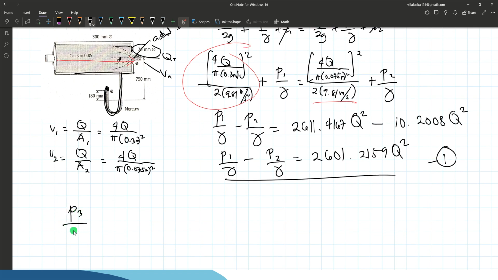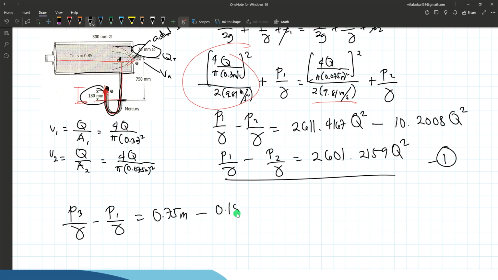So from point 3 over gamma minus point 1 over gamma, the pressure at point 1 is equal to, from point 1 going to this interface, we have a height of 0.75 meters. Then subtracted by this height of mercury. From point 1 going to point 3, this direction is going up, meaning negative.